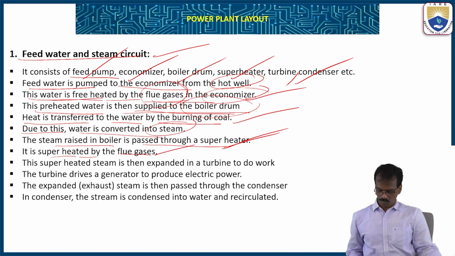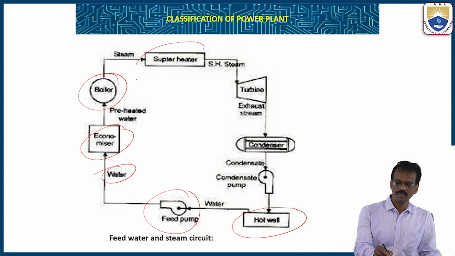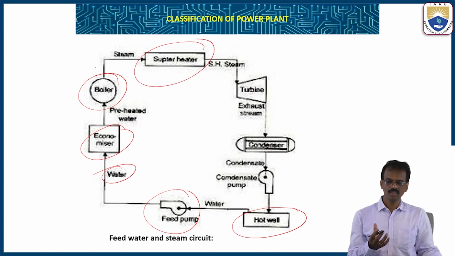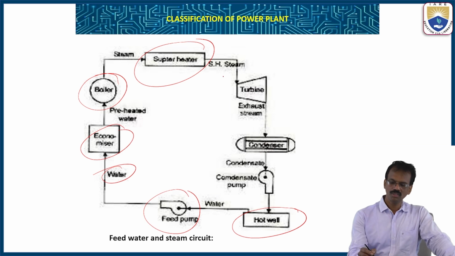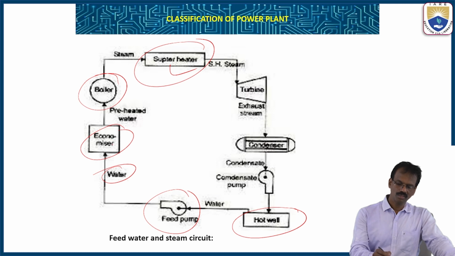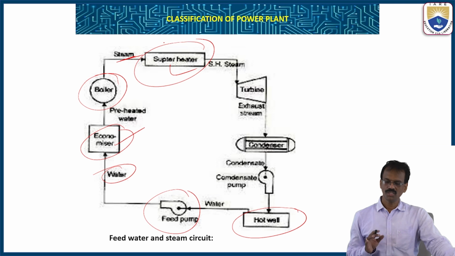In the superheater, here we will see, this is the superheater. In the superheater, the steam is superheated. It means it gains the superheated level by the help of the flue gases. By the help of the flue gases in the economizer, water will be heated. In the superheater, the steam comes to the saturation position.